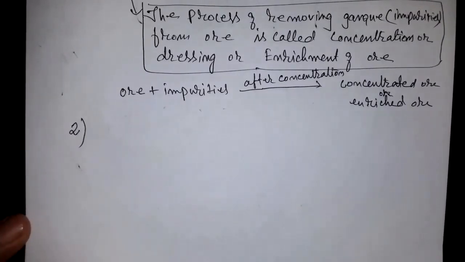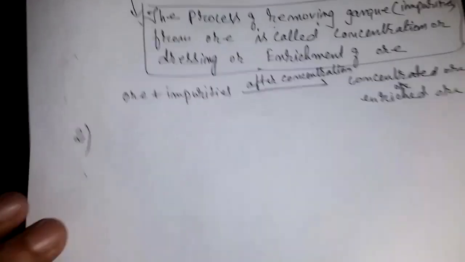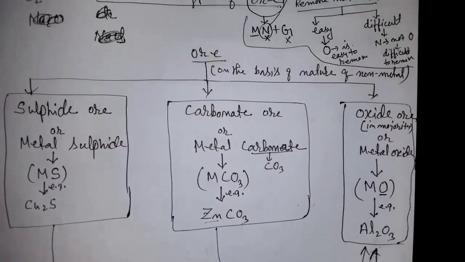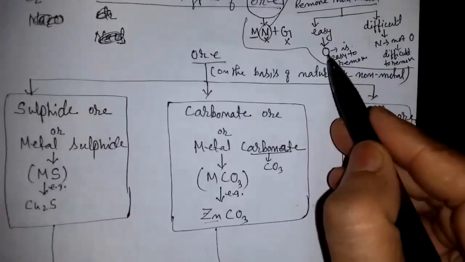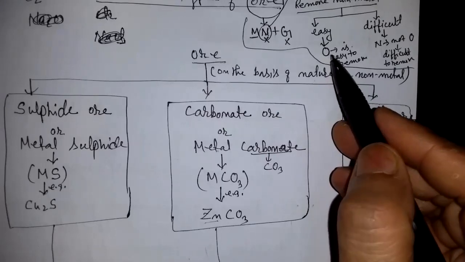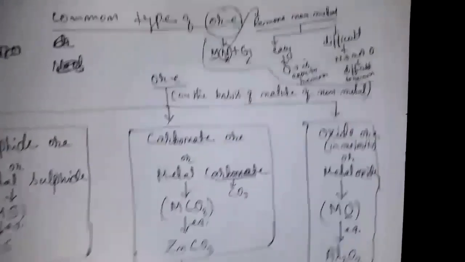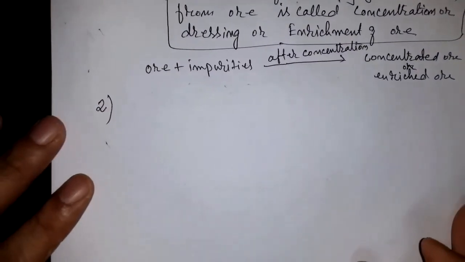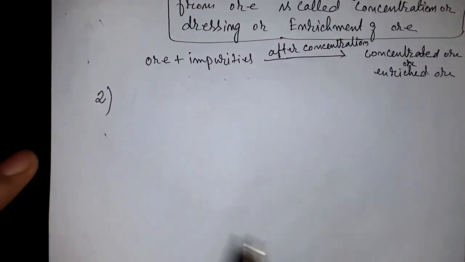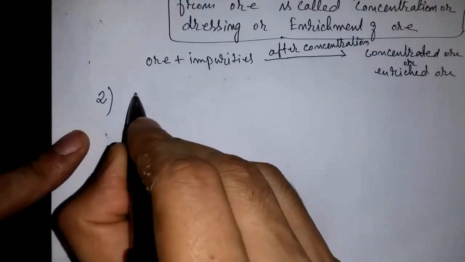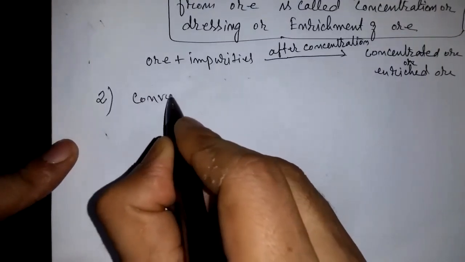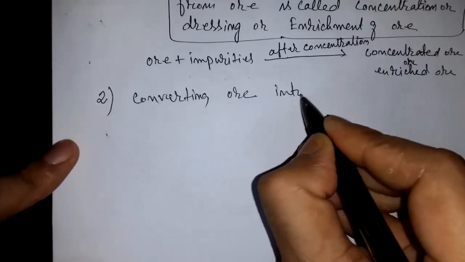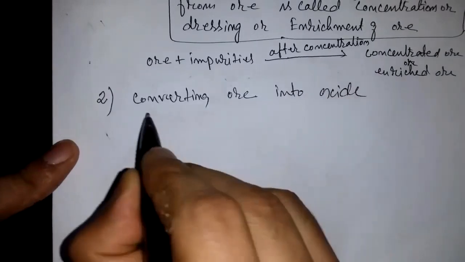In step 2, we have to make sure that the non-metal in the ore is oxygen so that it is easy to remove. So step 2 is converting ore into oxide.